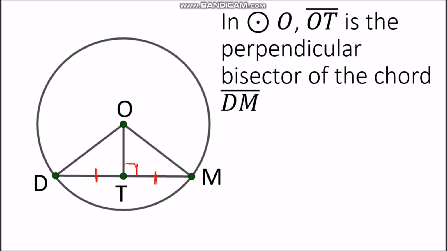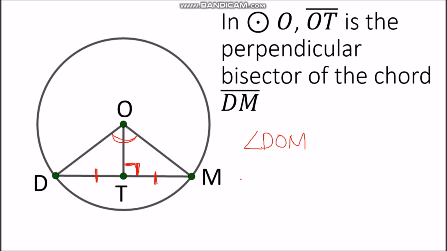Now, you can identify the central angle subtended by the chord. Point D and point M are the endpoints of the chord, and these are also the endpoints of the central angle, which is angle DOM. So angle DOM is the central angle subtended by chord DM.